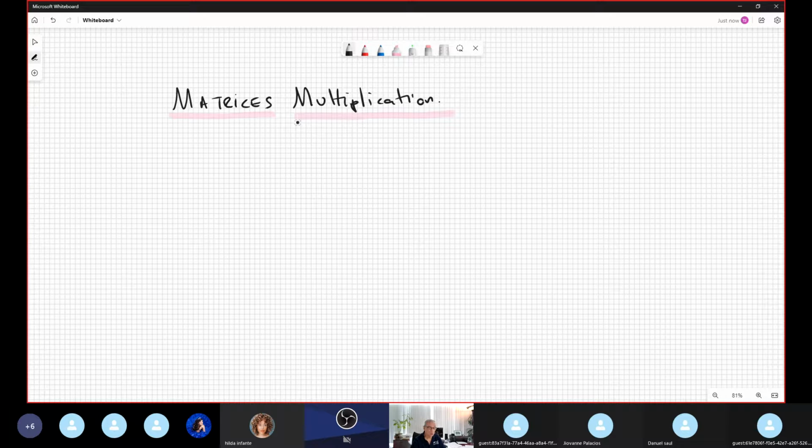Suppose we have a matrix I call C. The matrix C is 2, -3, 1, -4, 7, and 0. And the dimension of this matrix is 2 by 3, so 2 rows, 3 columns.